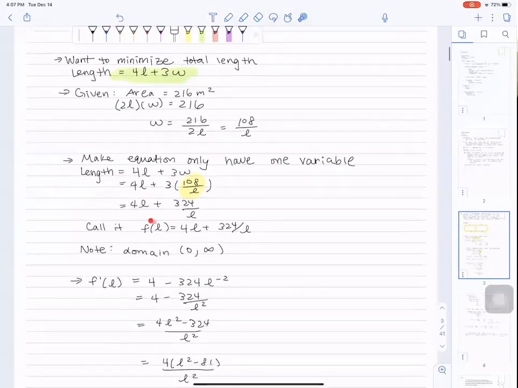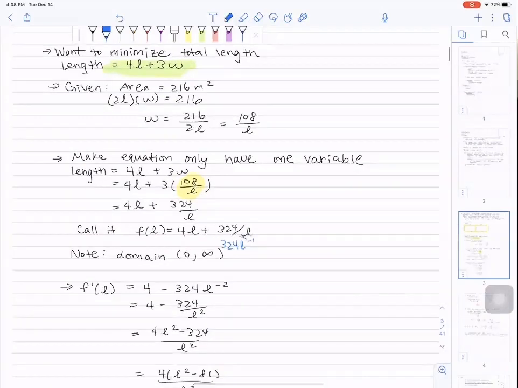Okay, so now that we have our function, let's take the derivative. What is the derivative of this? It's 4 minus the derivative of 324 L to the negative 1. How do you take the derivative? You bring the exponent down so that it's negative 324, and then you subtract 1 from the exponent, so you have an exponent of negative 2 now.